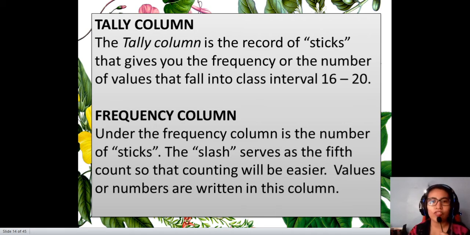So in short, in the tally, you will write the sticks, and on the sticks, the slash one serves as your fifth count.